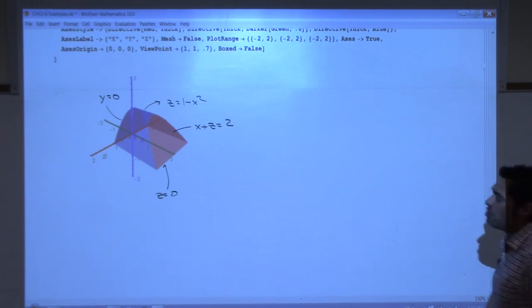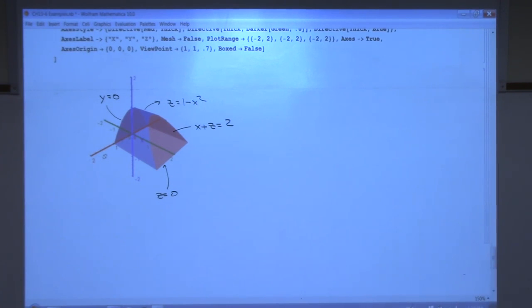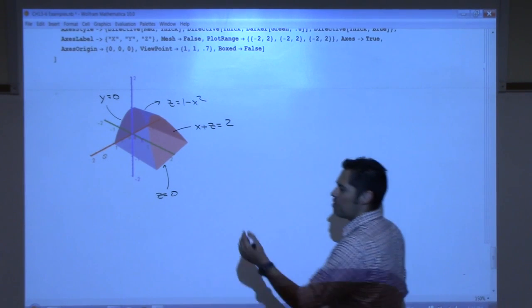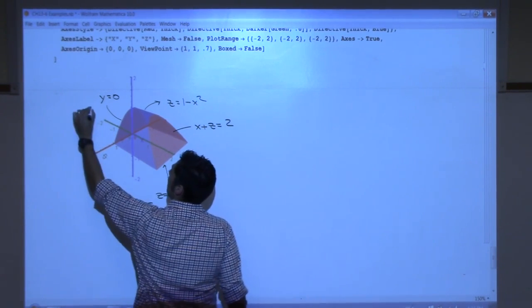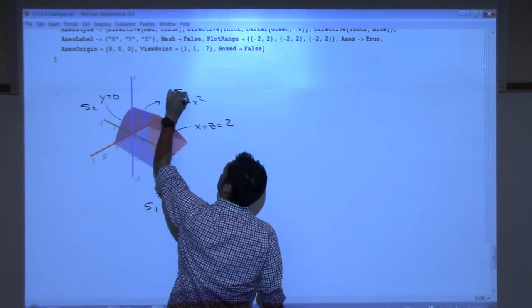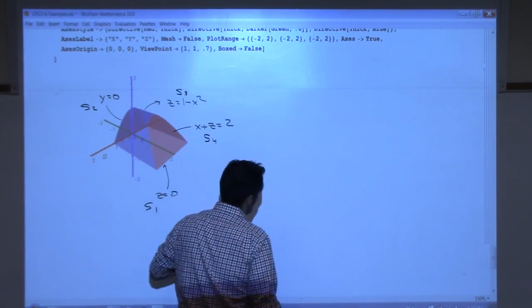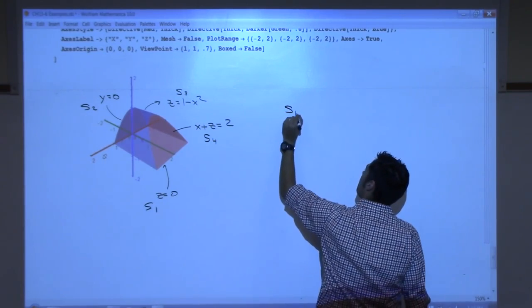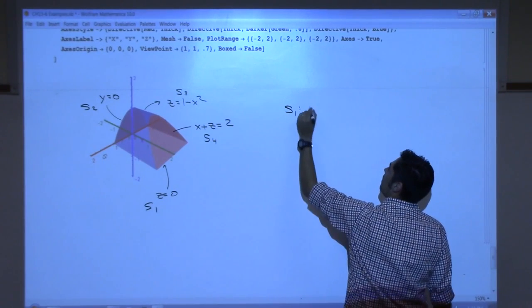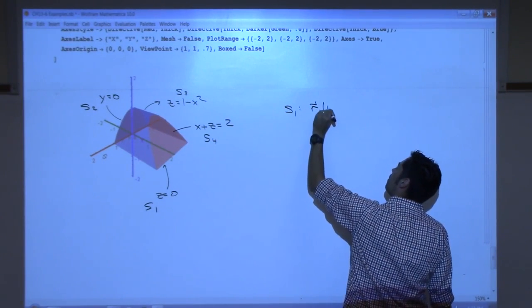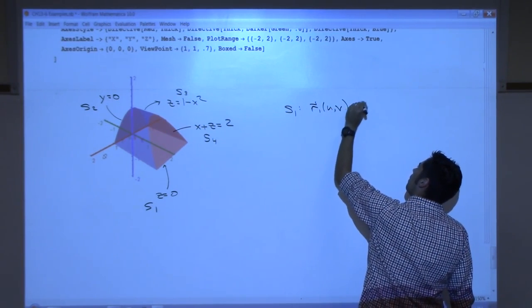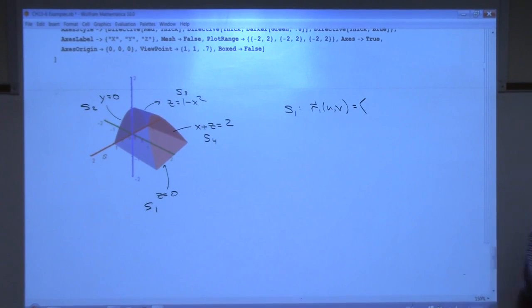All right, so where do you want to start? Let's do the bottom. Okay, let's label these. I'll just go clockwise. S1, S2, S3, S4. So for S1, this is R1 of u, v.